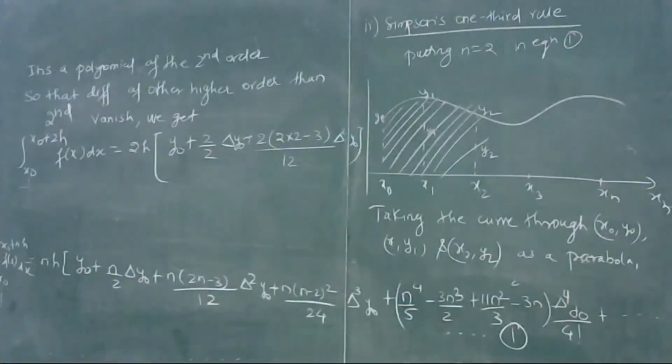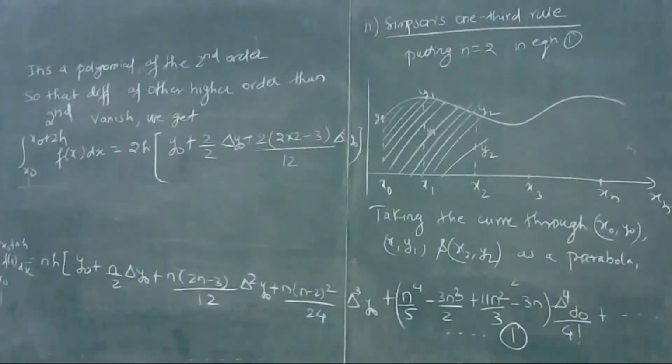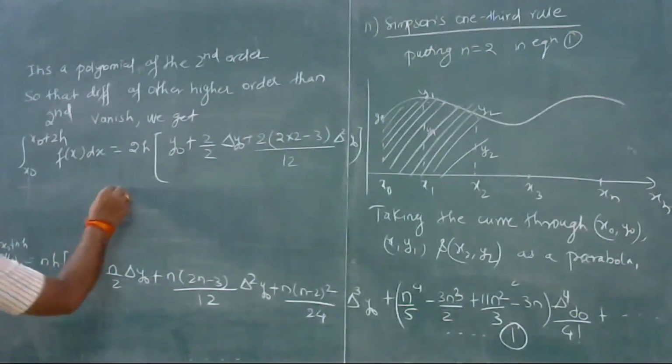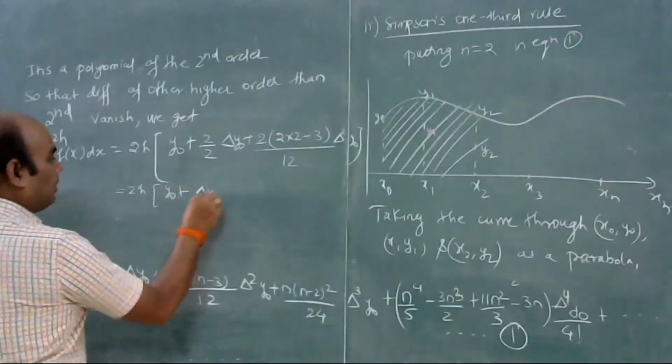And higher order differences become 0. Okay. So this will be equal to 2h y0 plus 2 delta y0.